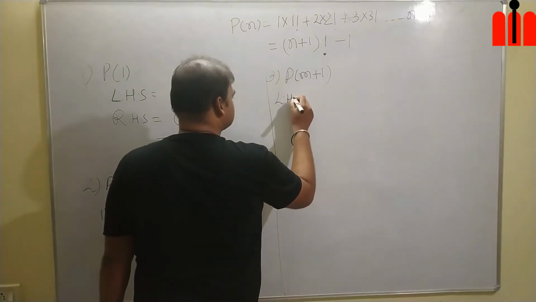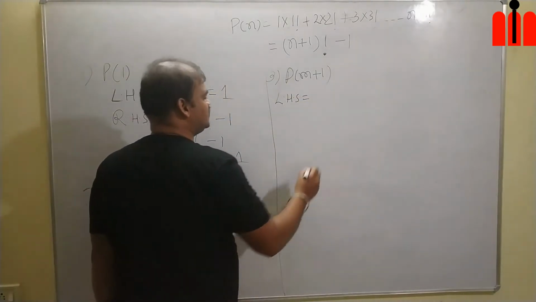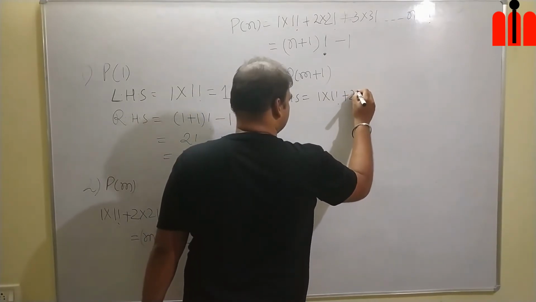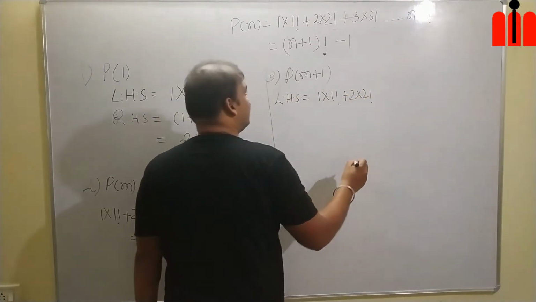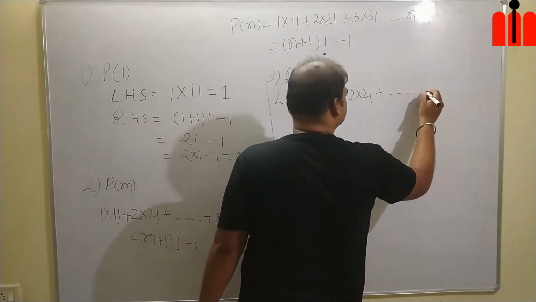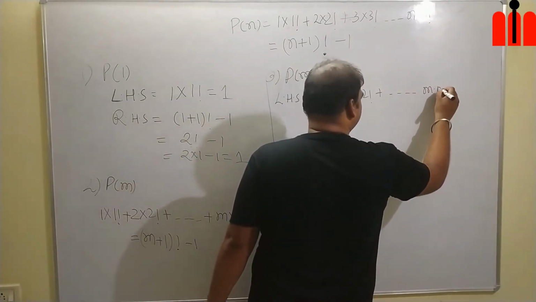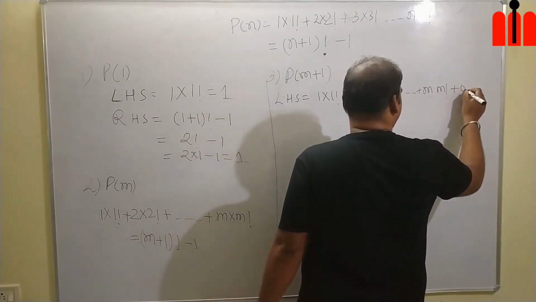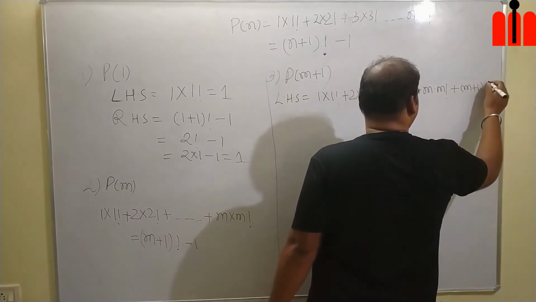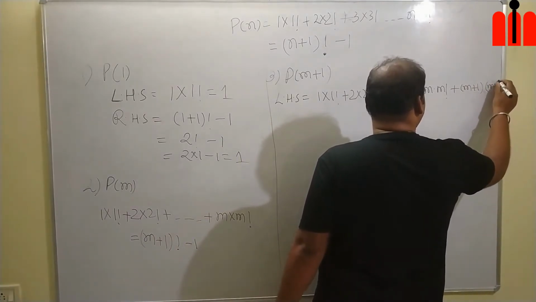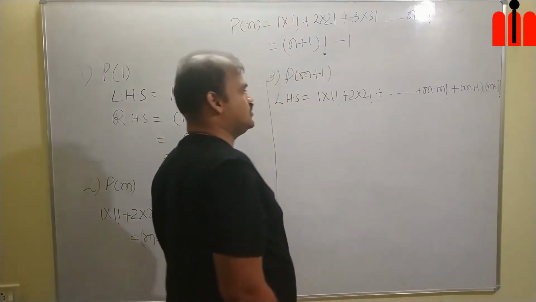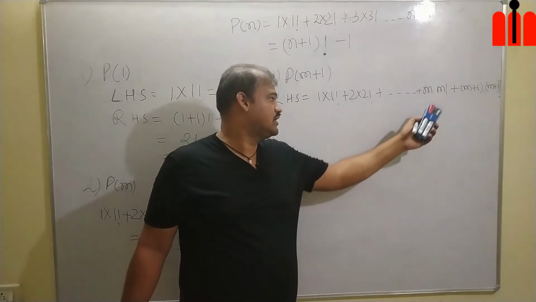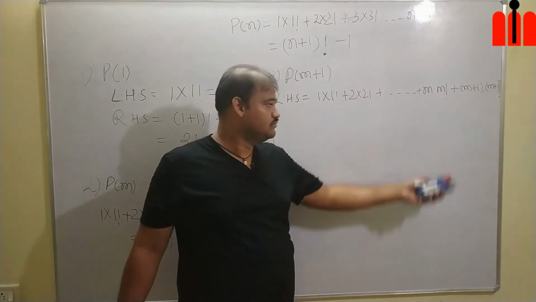My LHS will be 1 into 1 factorial plus 2 into 2 factorial plus up to m into m factorial plus m plus 1 into m plus 1 factorial. So 1 into 1 factorial plus 2 into 2 factorial till the m plus 1 term.